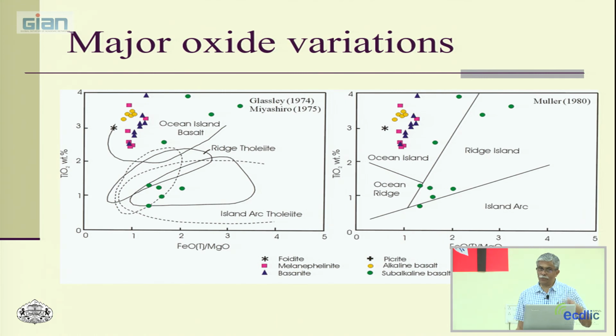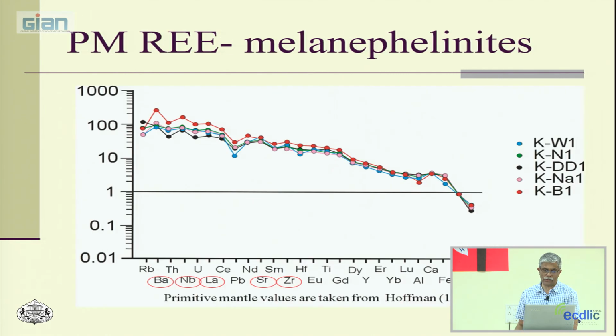So to a great extent the hypothesis that we had thought of, that the alkaline magmatic activity and the tholeiitic flood basaltic magmatism are very similar to the Hawaiian type magmatic activity, you find support coming even from the chemistry. In all these diagrams you can see them getting plotted into this particular field, the OIB, ocean island basaltic magmatism. So they are compositionally similar to the OIBs or ocean island basaltic rocks.